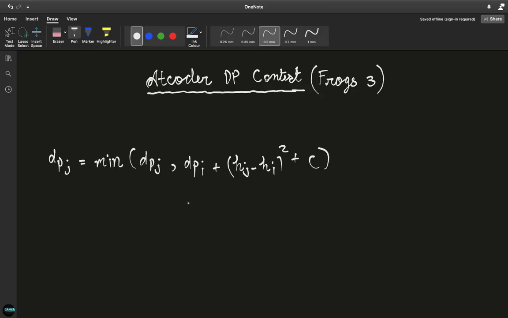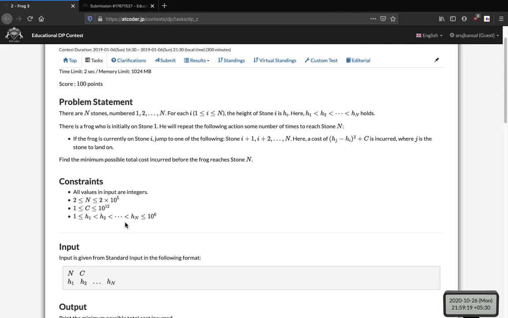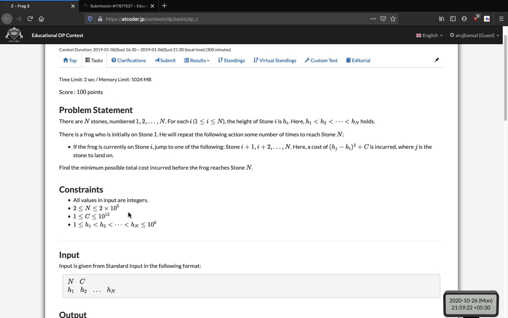Now we do this for all j and for all i less than j. And since this is n squared and n is pretty large, this will TLE.